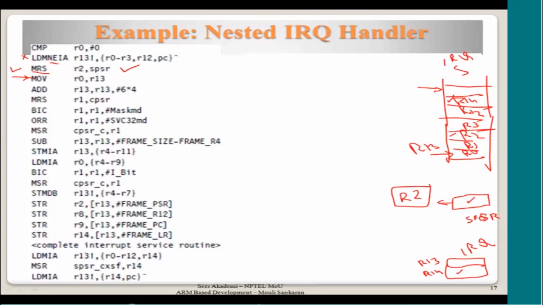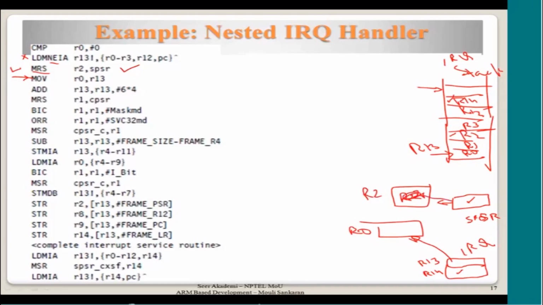Now this R13 is currently pointing here. Whatever is the value, we are writing it into which register? R0. Maybe I should put R2 here, and then the value goes here.